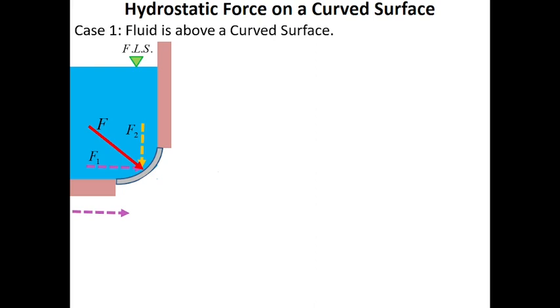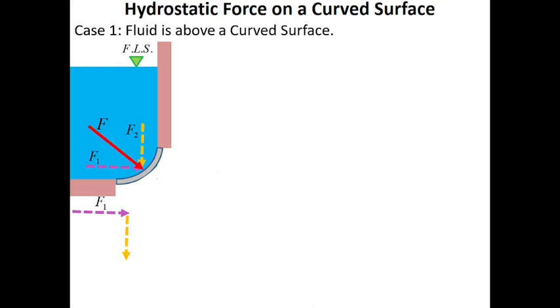So in this case, let's consider the horizontal component F1, and also the vertical component F2. So if the fluid is above the curved surface, this will be the direction of the hydrostatic force.